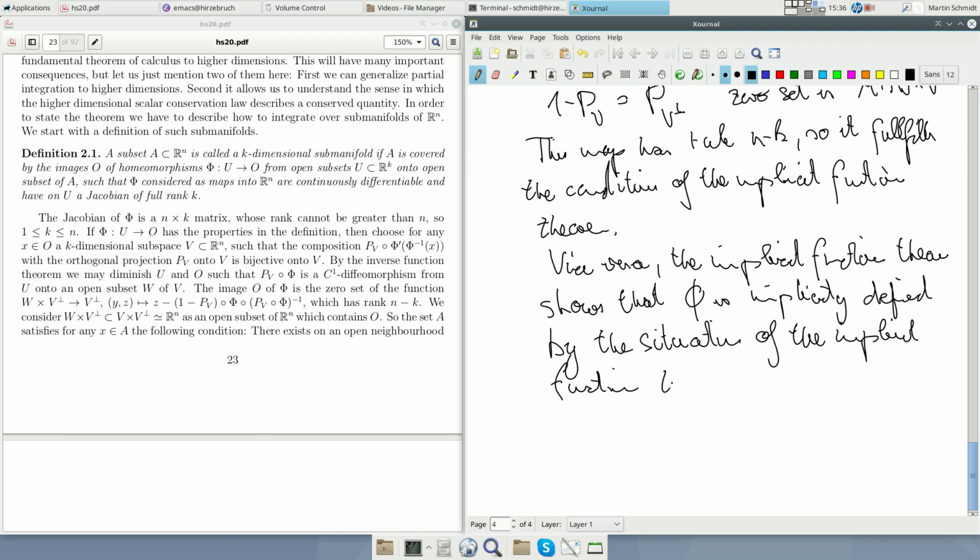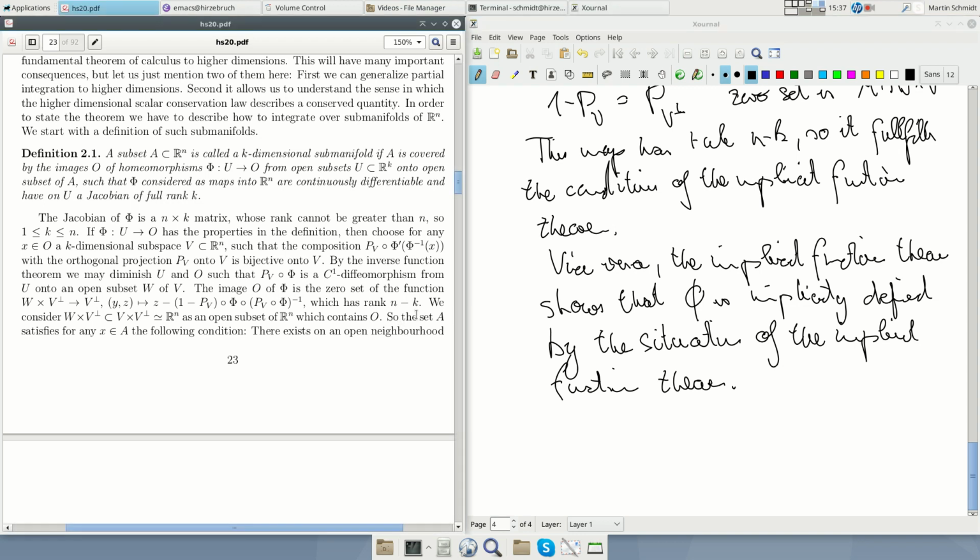Which means we have a function to some n minus k dimensional vector space, which has rank n minus k, to some n minus k dimensional subspace of R^n. And then the level sets are described by graphs of functions. So we are exactly in this situation, and this implicitly defined function then gives back the map phi.